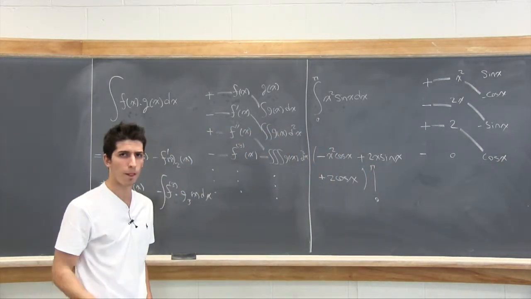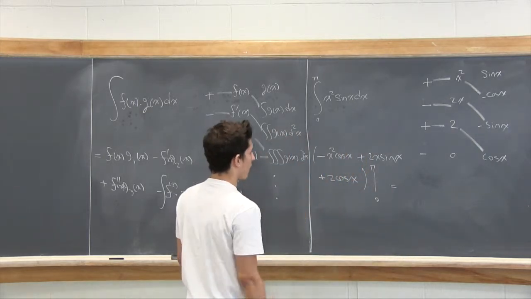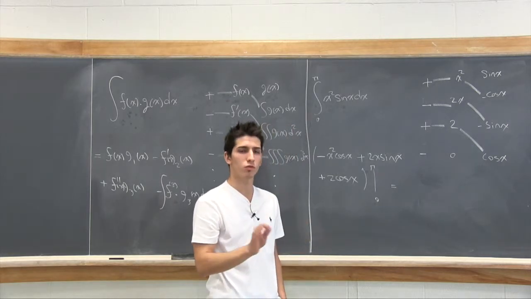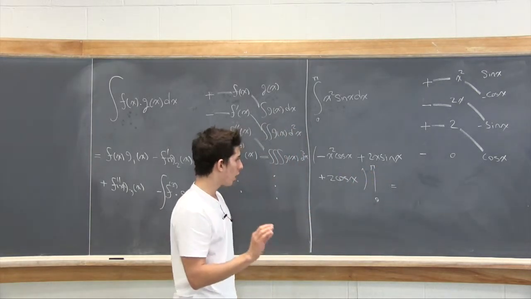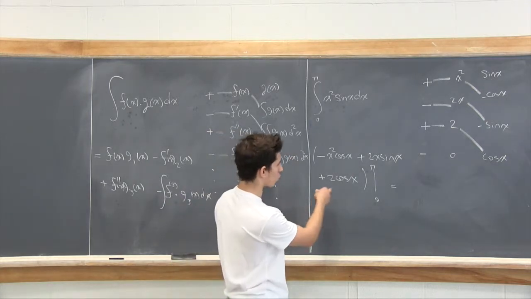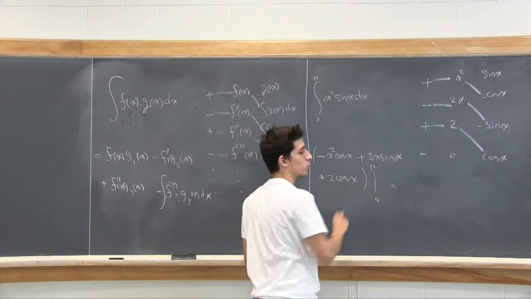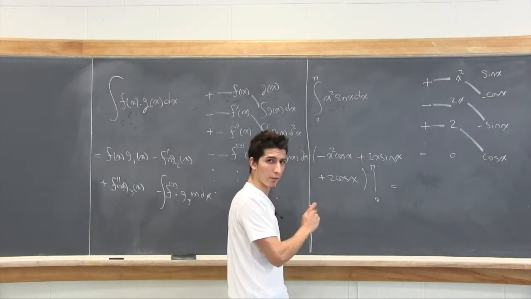Okay? We're almost there. So now let's evaluate it. So we're evaluating it at 0 and pi. Now you can just go ahead and do it, but if you're a little patient and you look at these terms, you can notice that at 0 and pi, at both places, sine x will give you 0. Right? Sine is always 0 at 0 and pi.